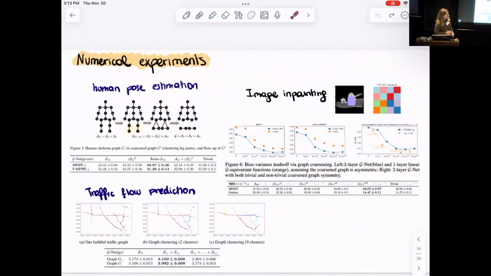And in her numerical experiments, you can see that in many cases, the optimal group is not the entire permutation group, but also not the trivial group. So it's something in the middle, which is like the bias-variance trade-off, but in the under-parametrized regime.